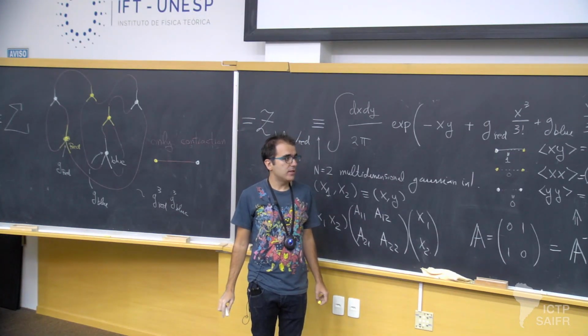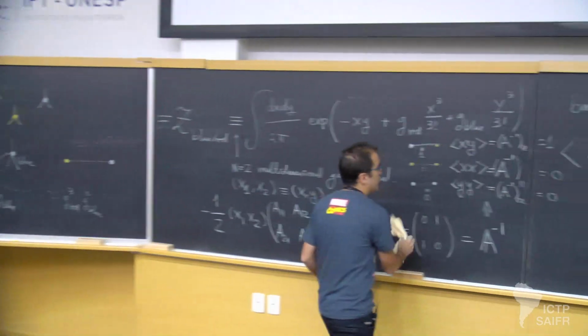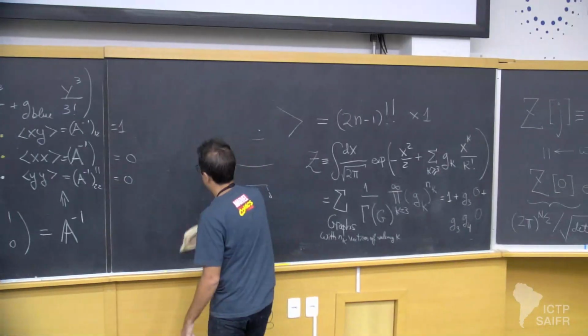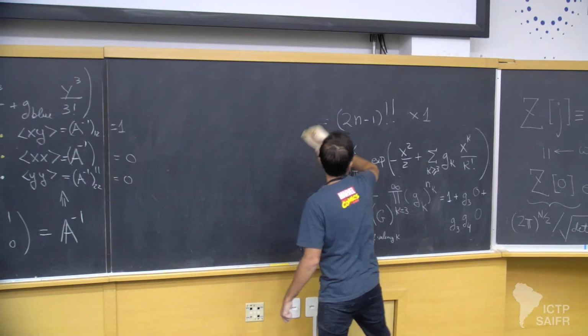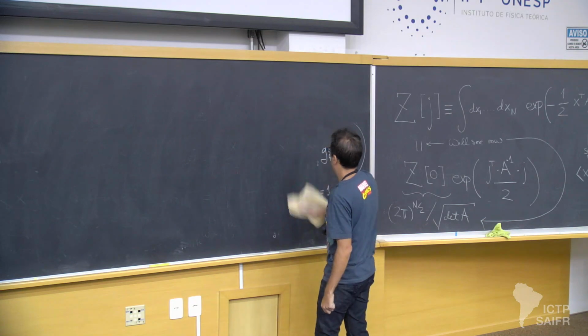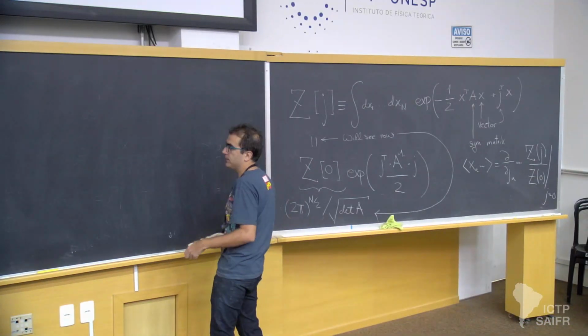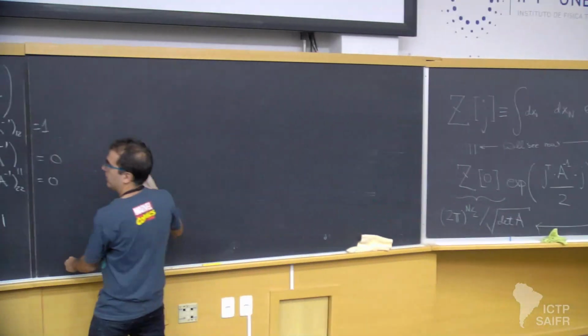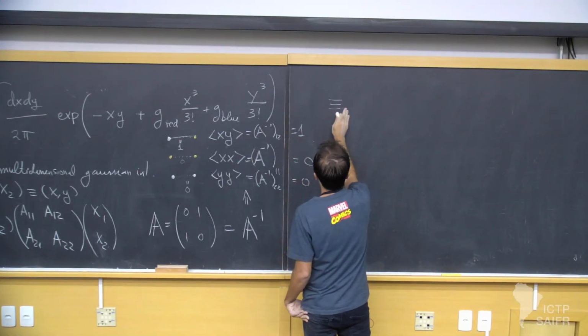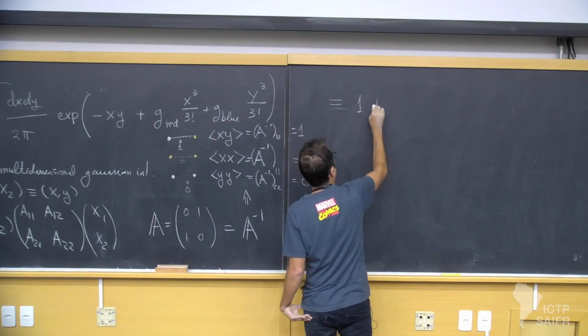So that means that when we compute, for example, we start with this integral. And let's write the first term that is non-zero. So let's see it a bit slower. So this is equal to 1 plus the first term.